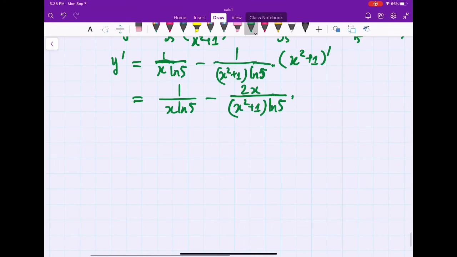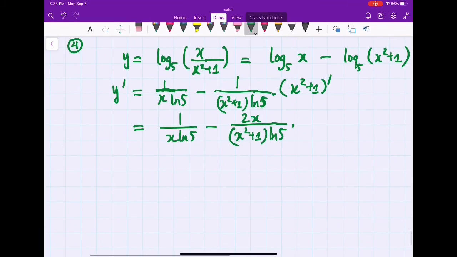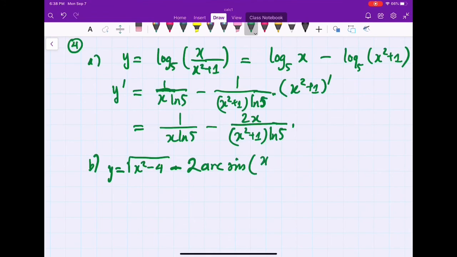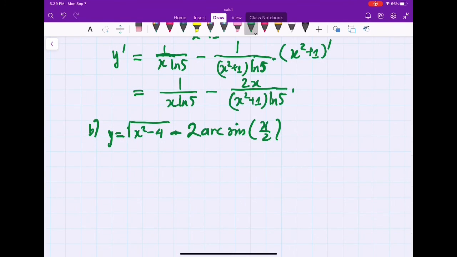The second problem is the square root of x squared minus 4 minus 2 times arcsine of x over 2. Okay, so again, we just need to apply the formula, right? For the first one, we use the chain rule. I write this in power form, x squared minus 4 to the 1/2, and then the derivative.